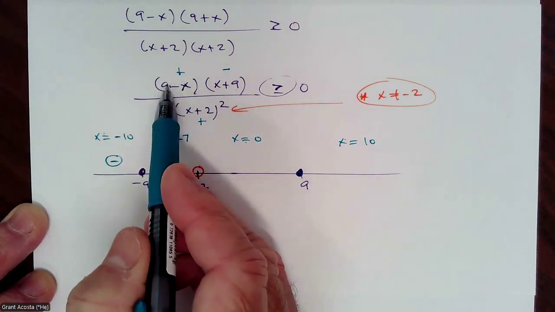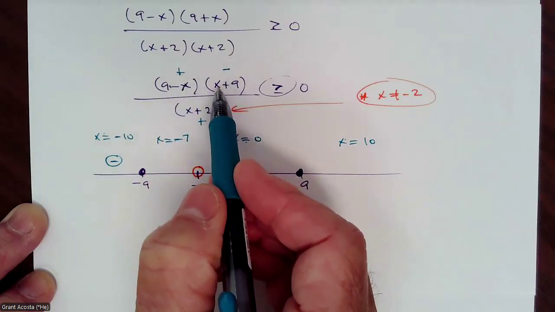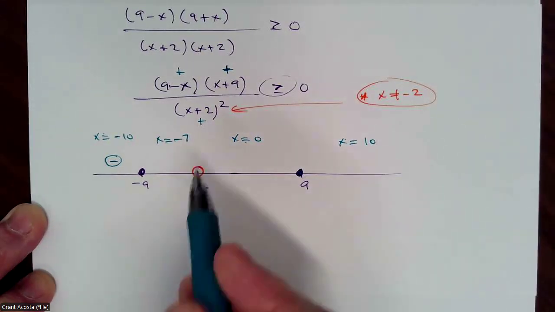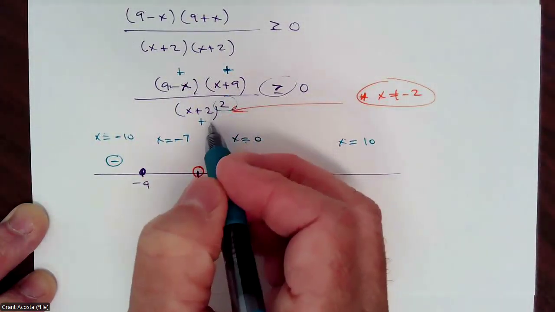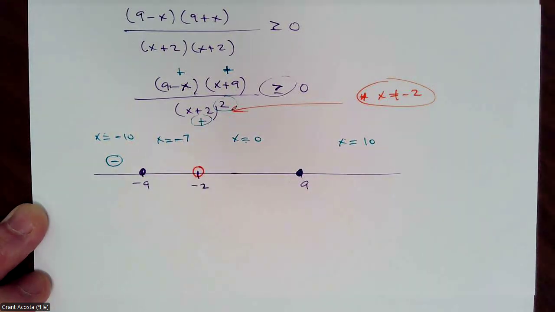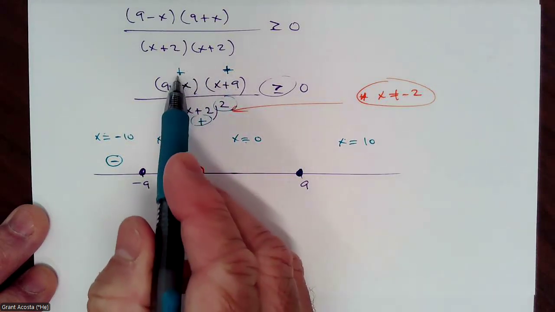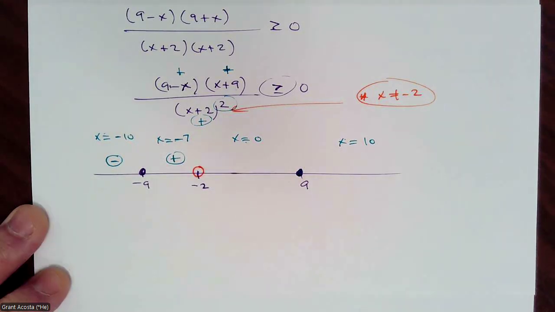Now negative 7. 9 minus negative 7 is really 9 plus 7. That's positive. Negative 7 plus 9, however, is now also positive. And perhaps you notice, just like the last one, because this is squared, the denominator is guaranteed to be positive. It's never going to change, right? So then everybody's positive, and if you have a fraction where the numerator and denominator are all positive, that's going to be positive.